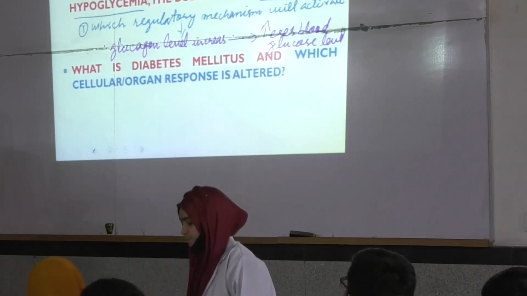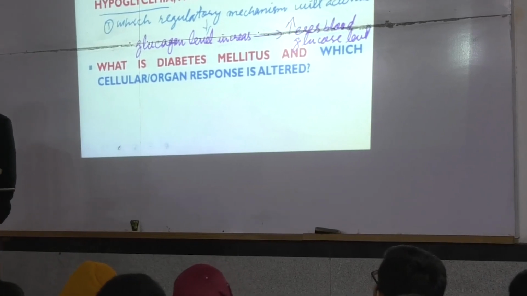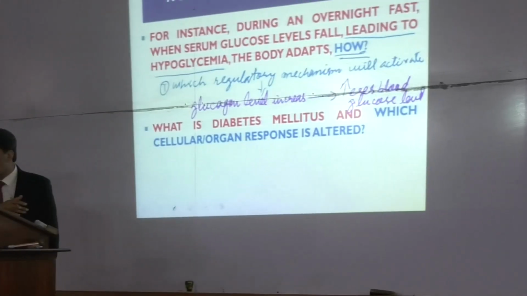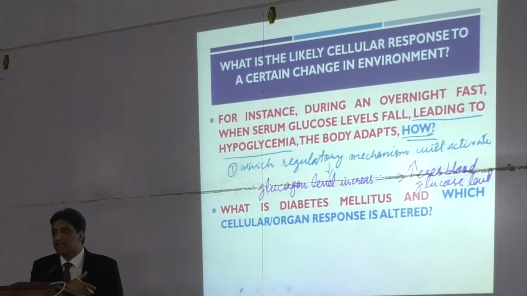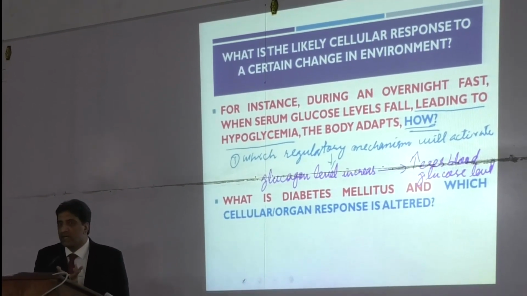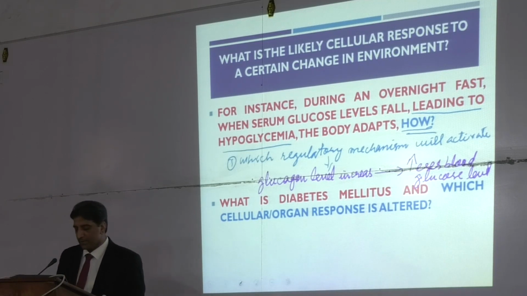Very good. So during fasting, insulin secretion decreases and the secretion of glucagon increases from the same organ. Which organ? Pancreas. So what is the role of glucagon? It increases blood glucose level by involving different mechanisms.